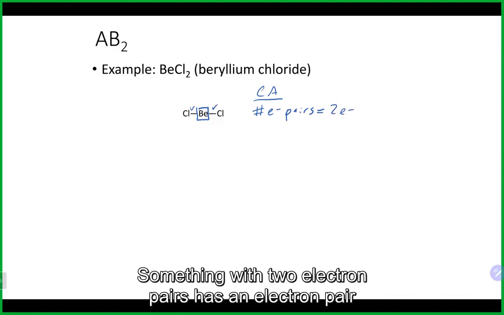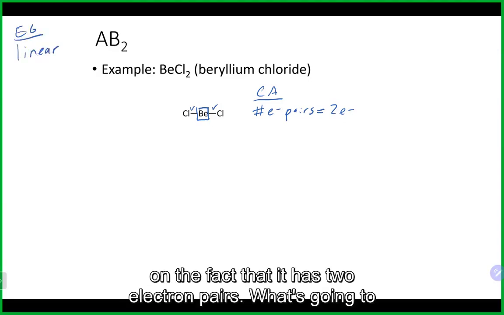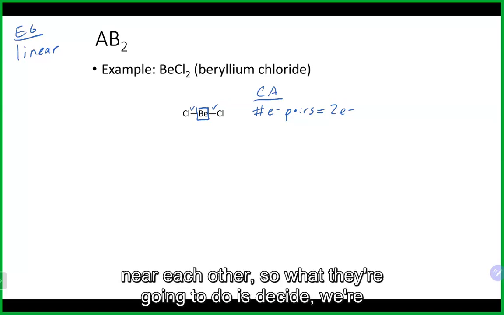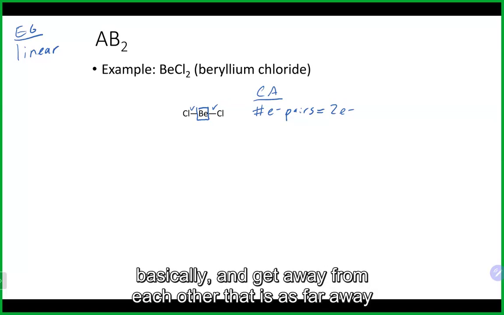Something with two electron pairs has an electron pair geometry known as linear. And that is based simply on the fact that it has two electron pairs. What's going to happen with those two electron pairs is they don't want to be near each other. So they're just going to go on opposite ends of the line, basically, and get away from each other.